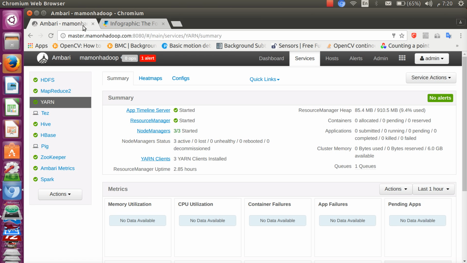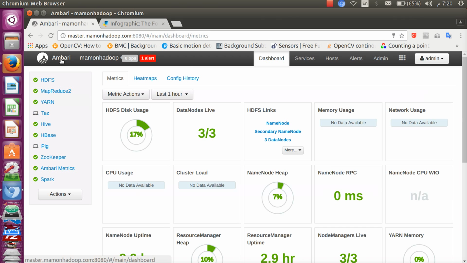This is another thing, and I hope I have time to complete all the services of the Hadoop ecosystem and describe them one by one. This dashboard, as I told you, is Ambari, and it is not mandatory. There are multiple versions of Hadoop.